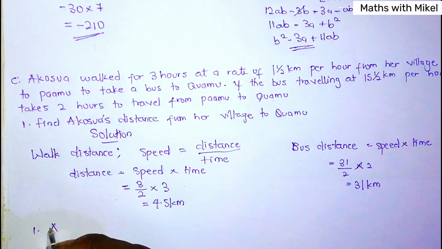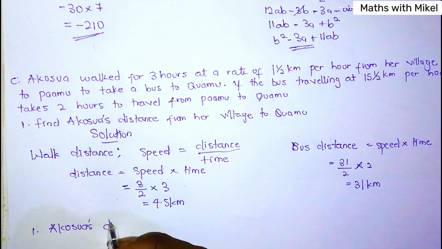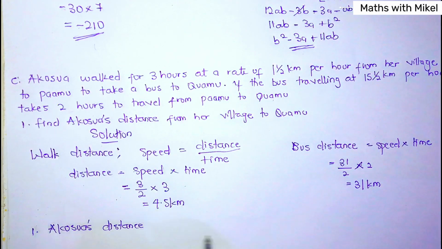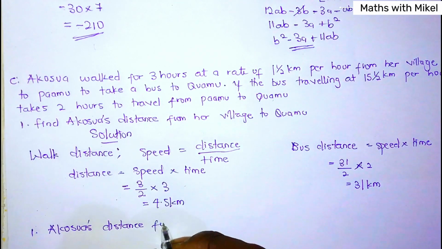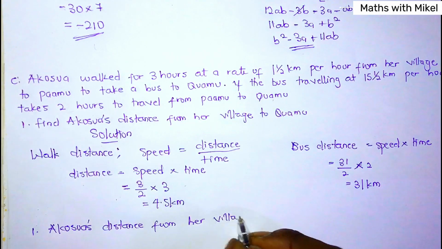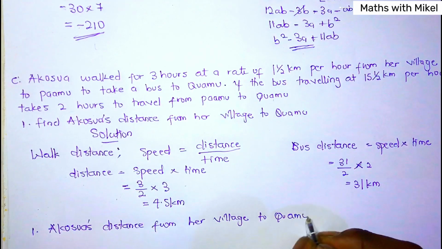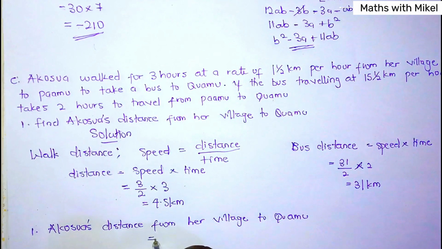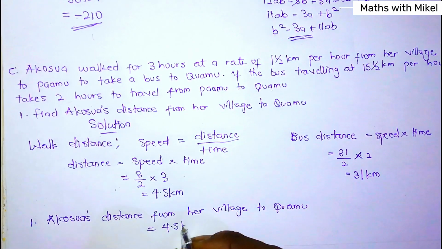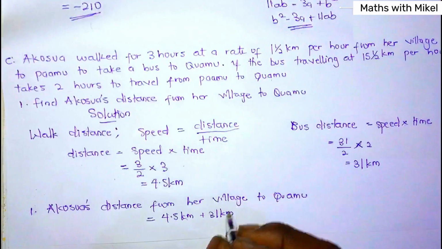So Akosia's distance from her village to Kwemu is going to be 4.5 kilometers plus 31 kilometers.